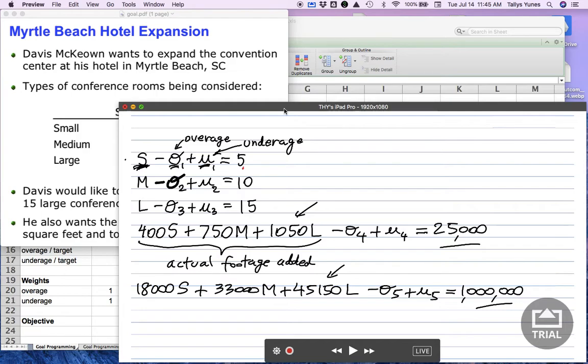So let's write that objective over here at the top. Minimize the over-under of the small room, the over-under of the medium, over-under of large, and then the over-under of the area, and the over-under of the budget.